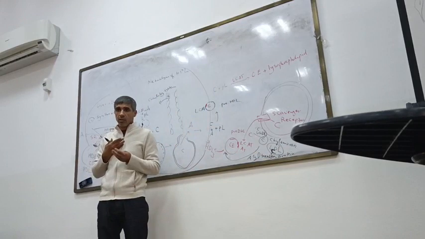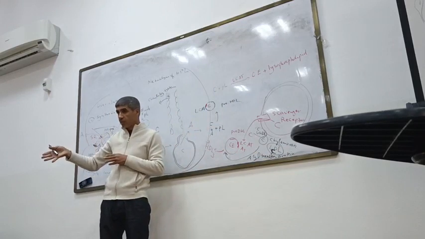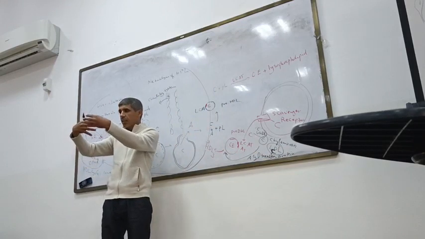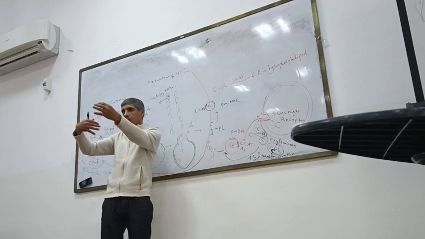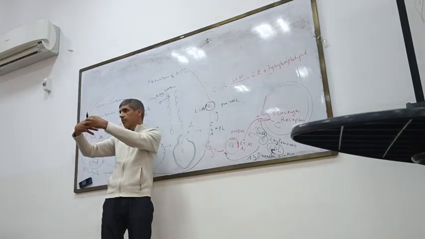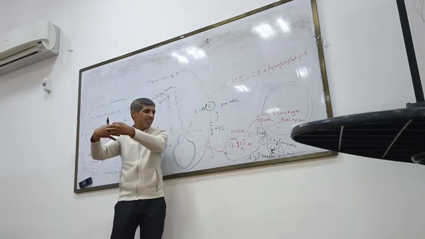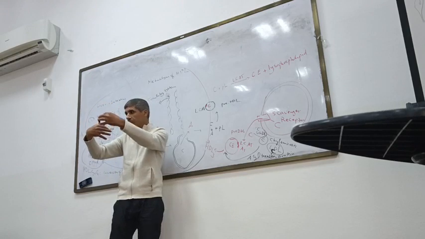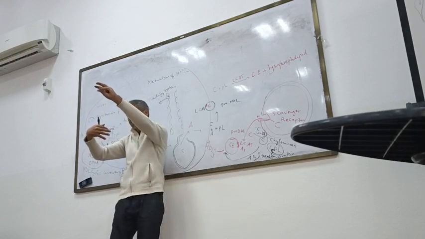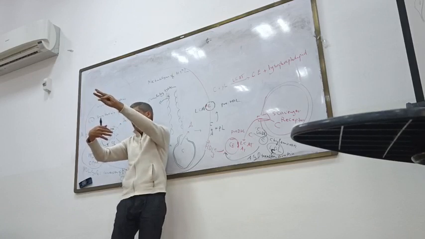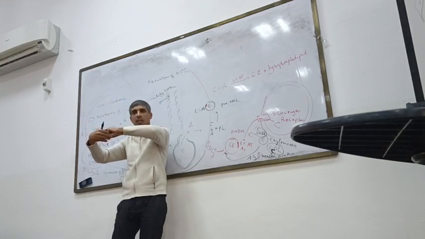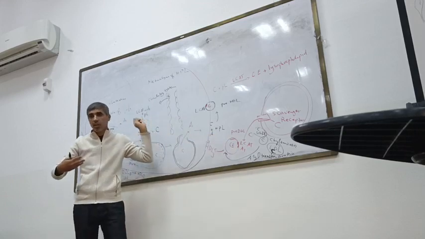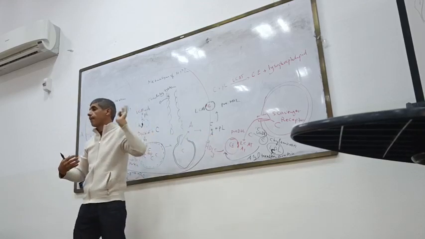The low density lipoprotein goes to the peripheral tissues. The cholesterol is transported from low density to high density by the transfer protein. The transfer protein will transport the cholesterol ester to the high density lipoprotein and back to the blood.